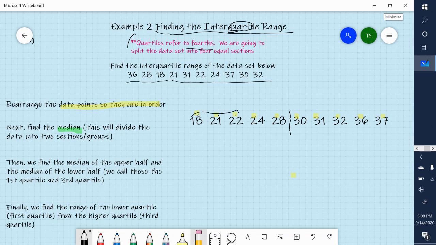And what that leaves me with is half of my data on the lower half and the other half of my data on the upper half. So we'll call this the lower half. Sorry about the writing. And we'll call this the upper half. And what we're looking for is the median.